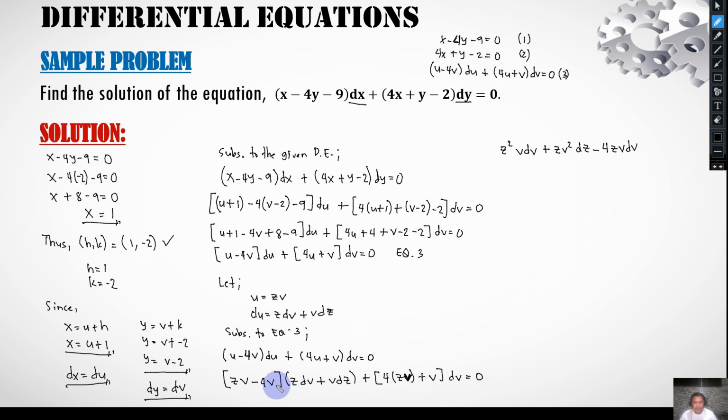Okay? At saka itong negative 4 times v dz is negative rin siya, so negative we have 4v squared dz. Okay? So, we are done with this one. So, i-close muna natin to students, para hindi tayo malito.